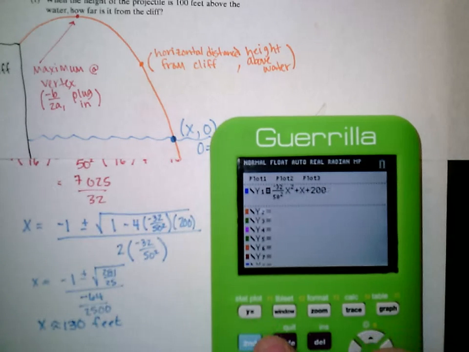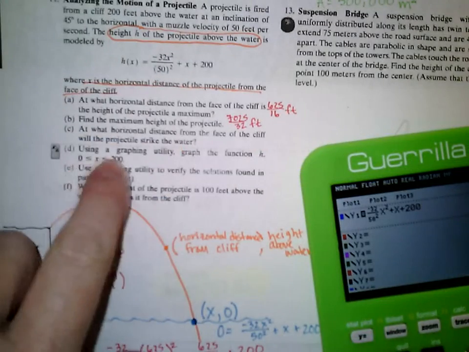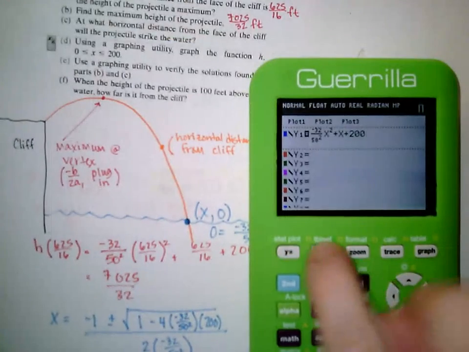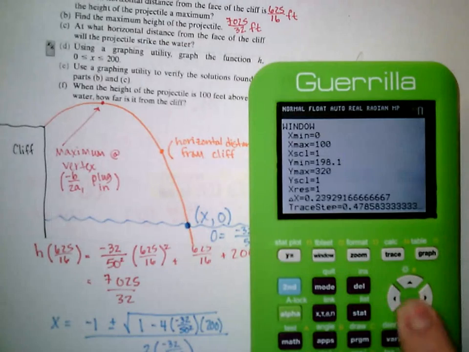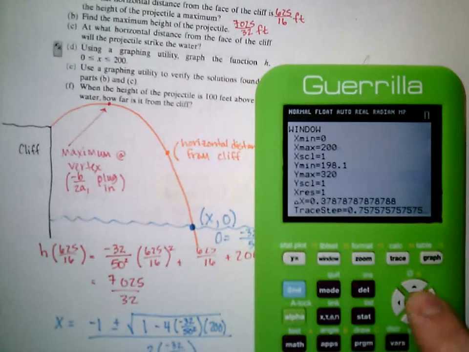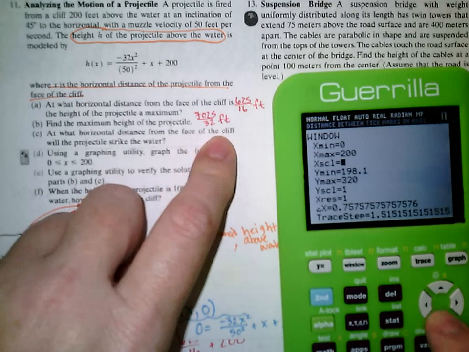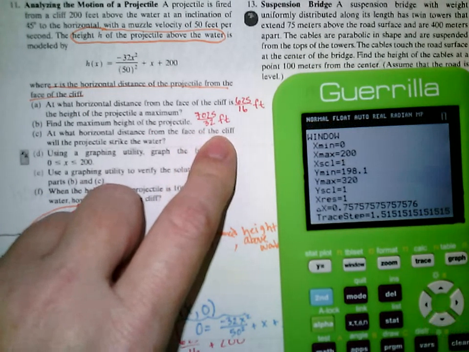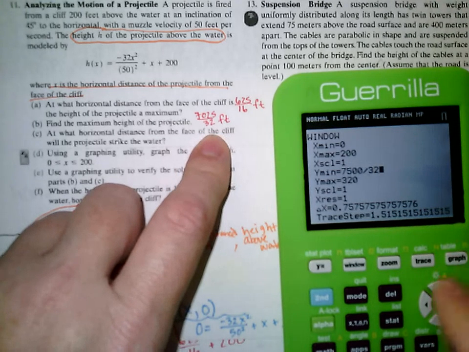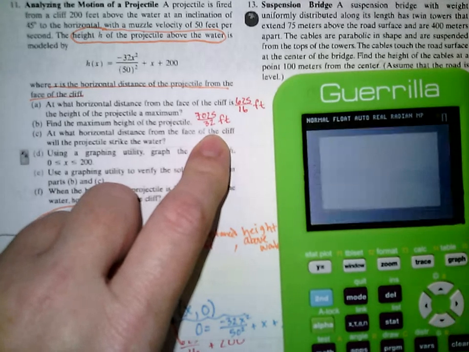And then they give me a window. It says when x is between 0 and 200. We'll go to the window from 0 to 200. We already know the maximum height was 7,025 over 32. So I might just go to like 7,500 over 32 for my y max, and then graph that.